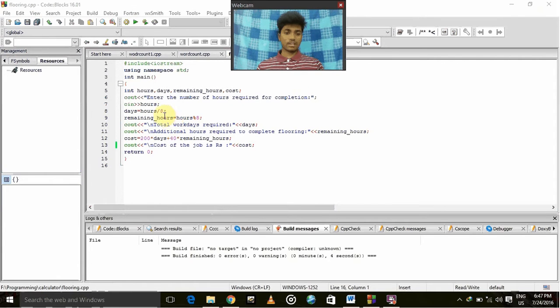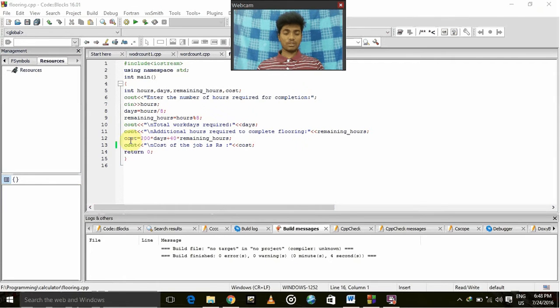So after doing this, we would print out the total work days required and the additional hours required to complete flooring. So now, while finding the cost of the job, we have given the rate per day, which is 200, and per hour it is 40.